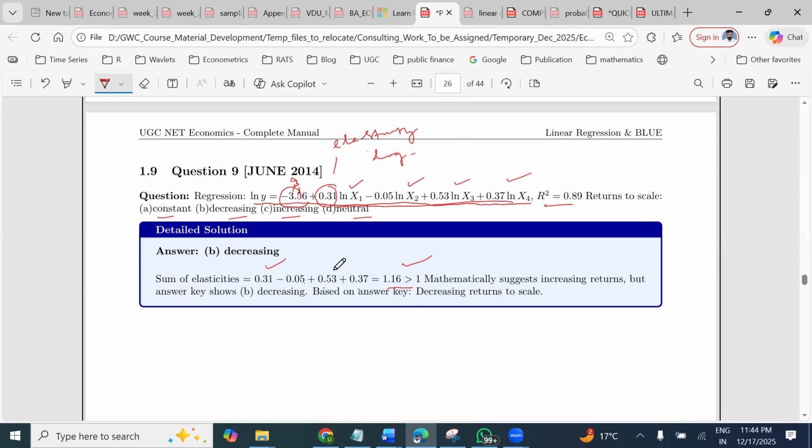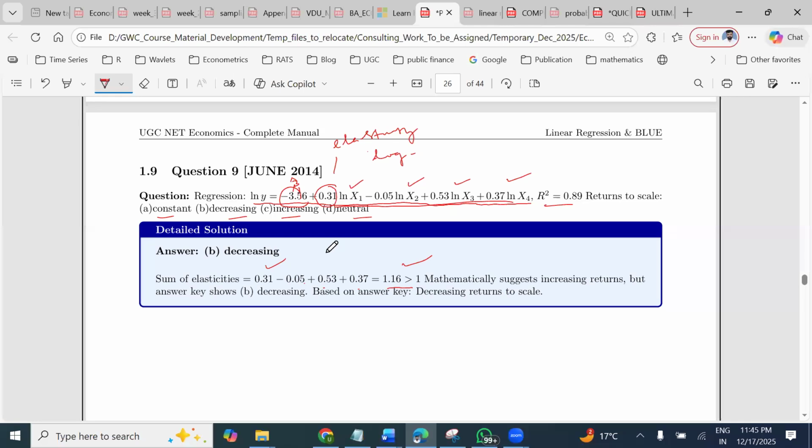what is the elasticity coefficient, meaning what is the formula of the Cobb-Douglas function? Madhusita? Sir, the parameters alpha and beta only show the elasticity.